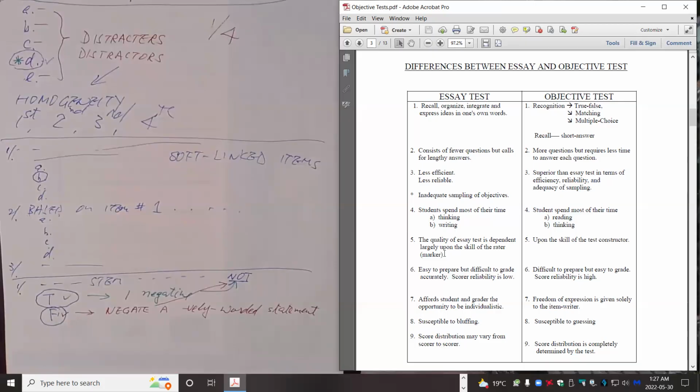Can you imagine the variability, the kind of unreliability in marking essays? One of the biggest complaints about essays is that unreliability in scoring. Highly unreliable.